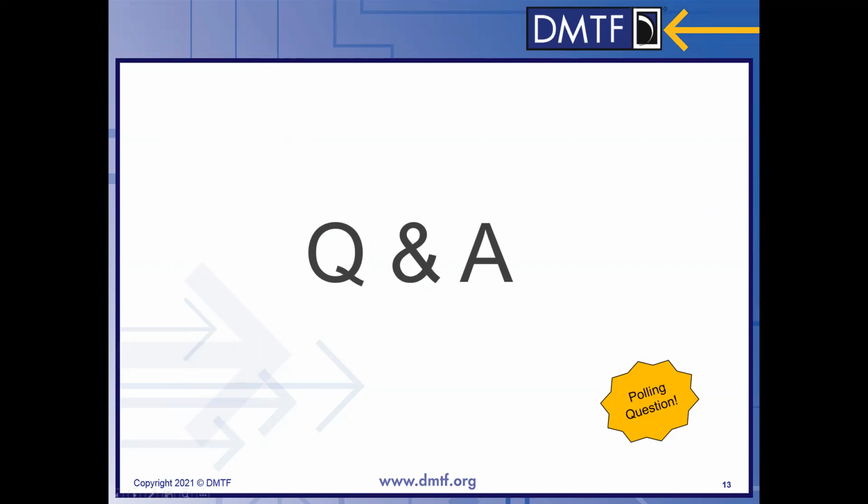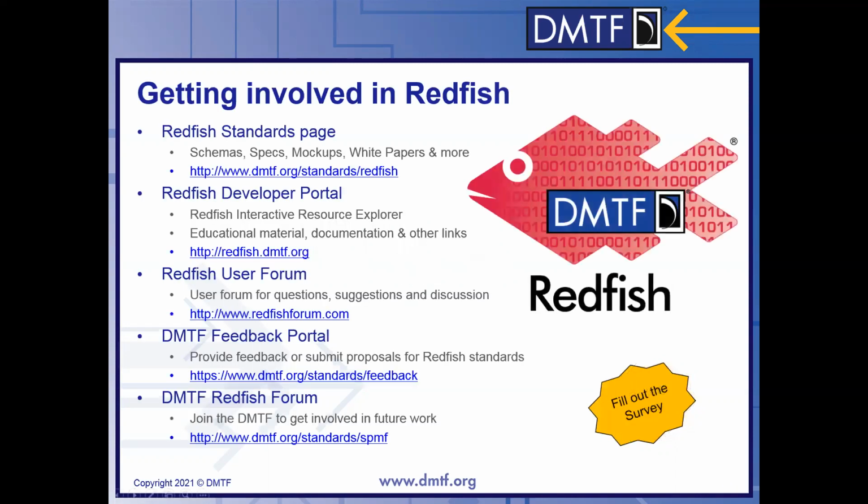All right, just before we move out to the roundtable webinar portion, I want to give you the summary. As I said at the beginning, the page to find all of the downloads of the material mentioned today is the DMTF's standards/redfish page.